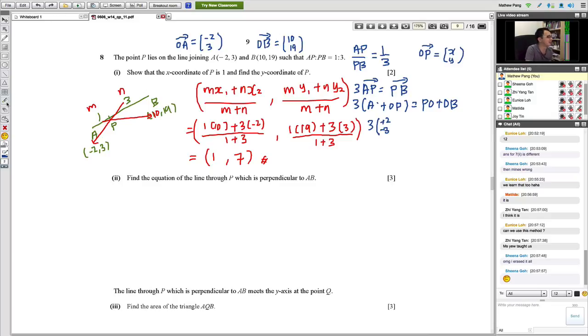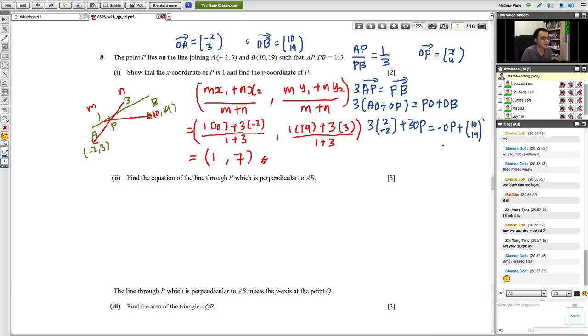Never mind, let me erase it and do it again. So this one, you actually want AO, right? AO will be 2 and negative 3, plus 3 OP equals, okay, PO I'm going to change to negative OP, plus the OB is 10, 19.